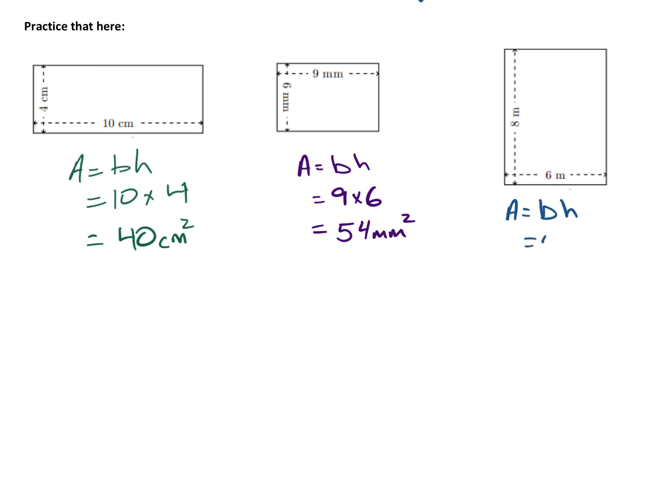And I have 8 times 6, which gives me 48, and this time it is meters squared. So, relatively simple, something you've been doing for a long time. You can stop the video now and work on the practice sheets for rectangles for about 10 minutes.